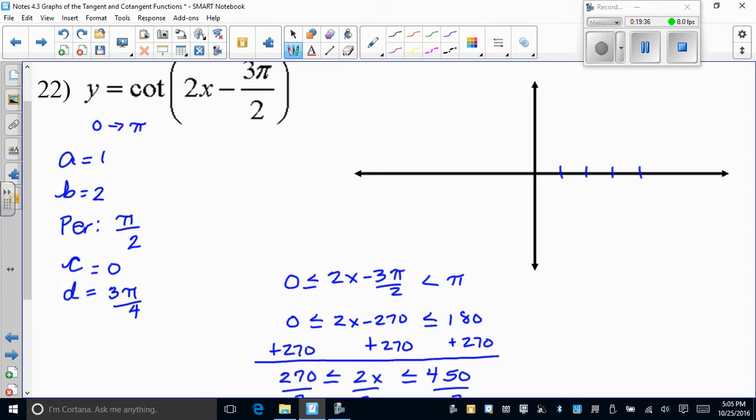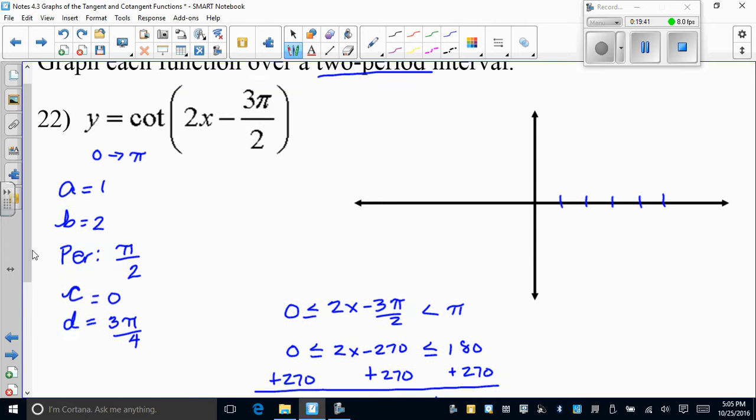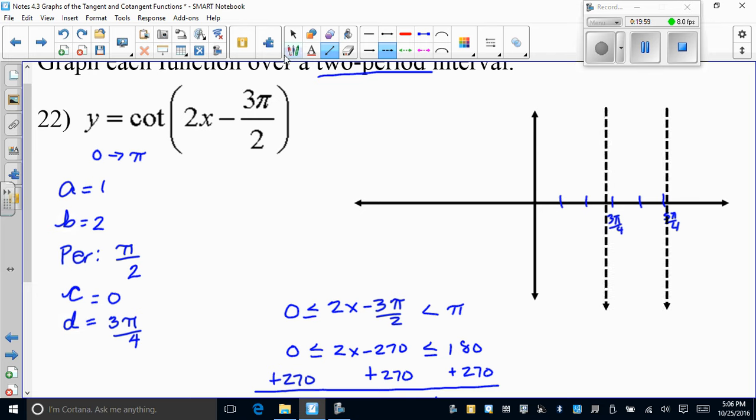Yes. So my 3 pi over 4 and my 5 pi over 4 are vertical asymptotes. Okay, and I'll fix those here. Move this over where it belongs. Those are my vertical asymptotes.